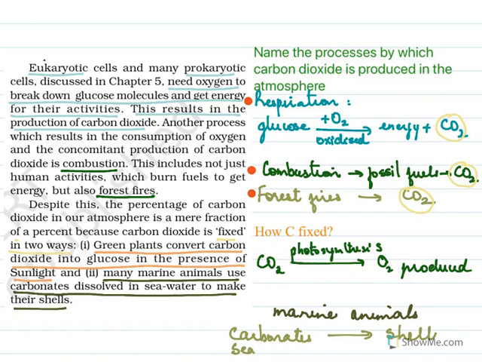So these are the two ways in which carbon dioxide is used up. One is photosynthesis, where carbon dioxide is taken in, and the other is marine animals, which convert the carbonates, which contain carbon dioxide, into shells.